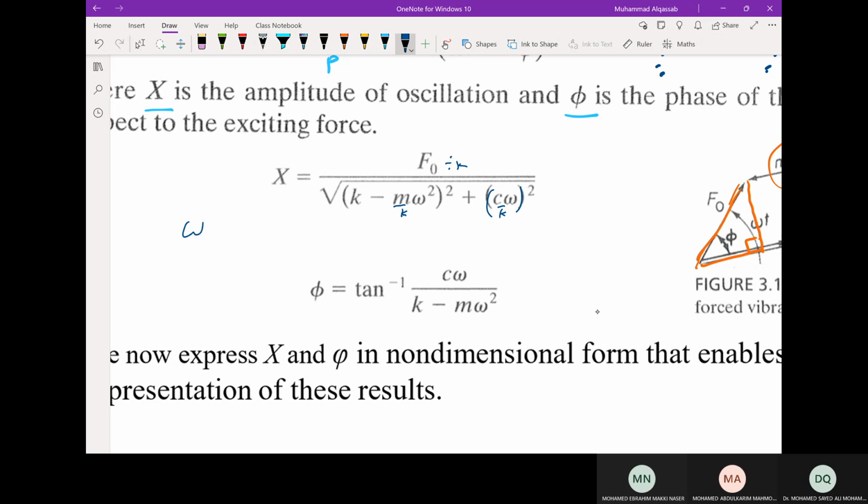Omega n squared is K over M, but here we have M over K. So this is the reciprocal of omega n squared. So this becomes omega over omega n squared inside, and this will be K over K, which is 1.